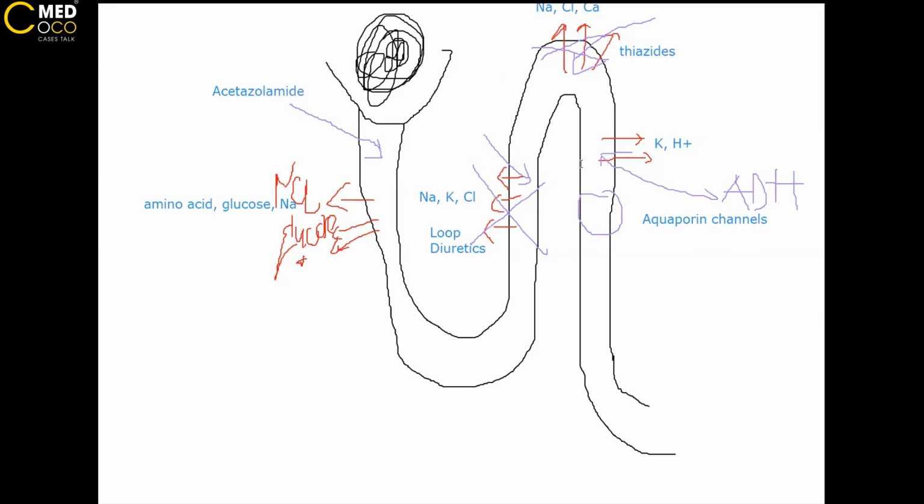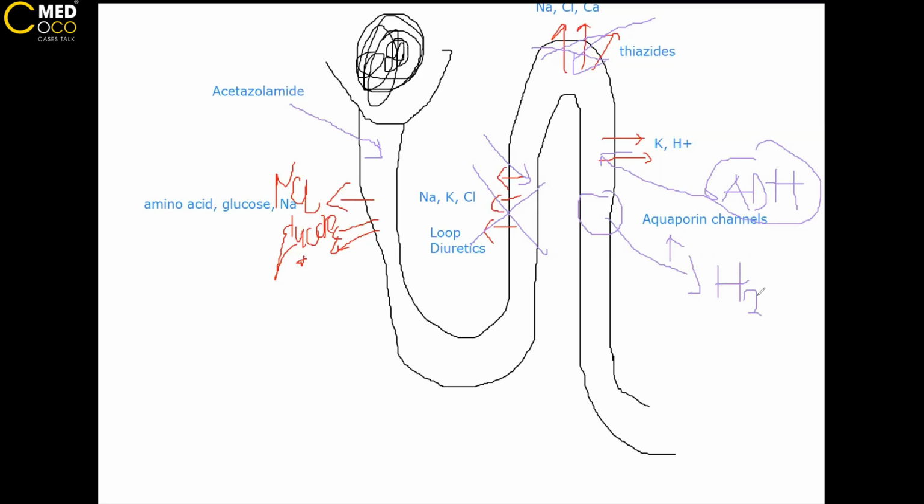Aldosterone antagonists affect this area, but it's too complicated. We won't talk about it. I'm just giving you the general idea of how things go. In today's talk, we talk about ADH. So ADH increases the water pouring channel, making water go in.